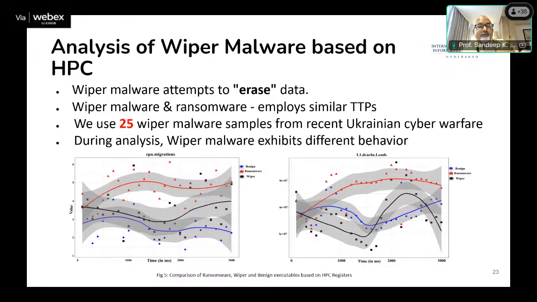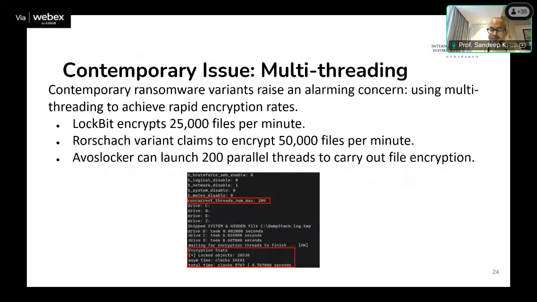So we looked at various wiper samples from the Ukrainian wartime, and we found that their behavior with respect to HPC registers is quite different. So we can distinguish, through HPC register based features, the wiper malware from the ransomware.